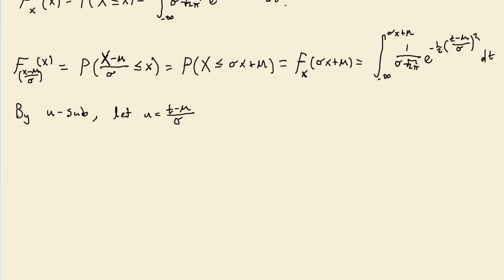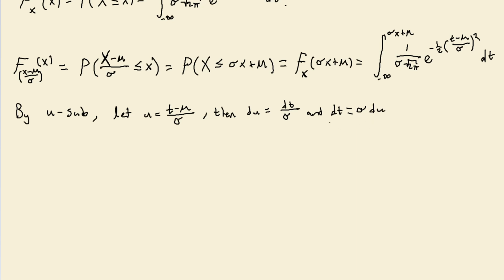And so what does that look like? Well, that just has one variable up here, and it doesn't have this sigma here. And what's going to happen if I use u substitution to turn this exponent into just one variable? Then du is going to equal dt over sigma, and dt, this part here, will be equal to sigma du.